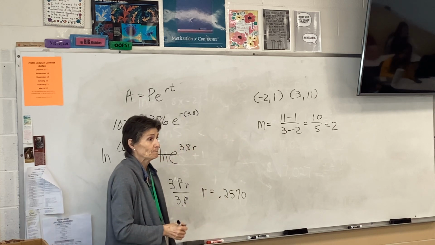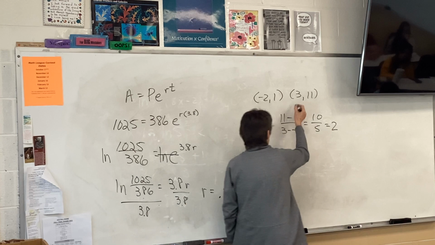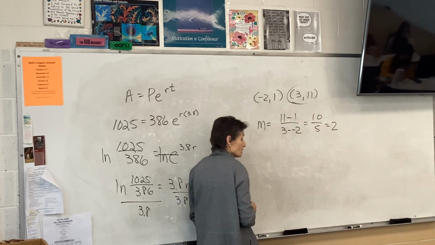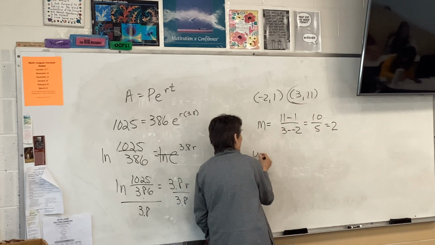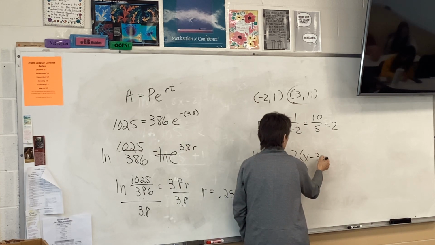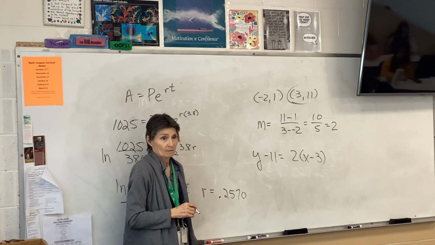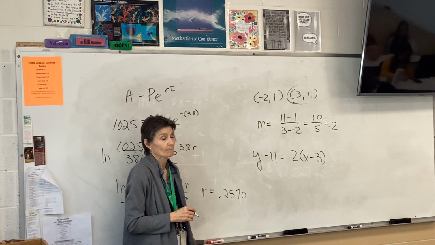Now what? Pick a point. Doesn't matter which one. Let's pick (3, 11). Then y minus 11 equals 2 times (x minus 3). What's that called? That's called the point-slope form.